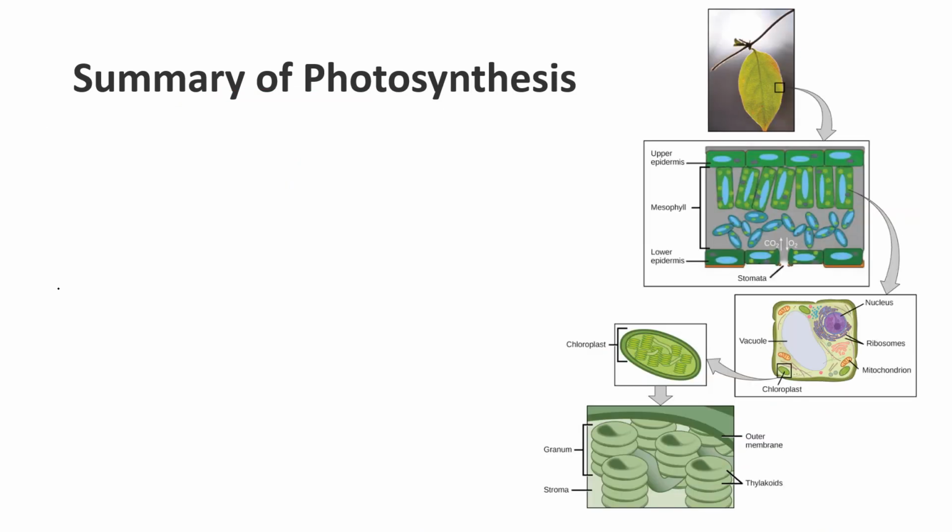So if we focus on plants as our model photosynthesizer, then not all plant cells are capable of photosynthesis. The main part of the plant where photosynthesis takes place is in the leaves. You can think of any part of the plant that's green as containing cells that can photosynthesize.